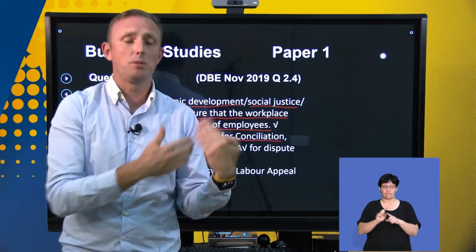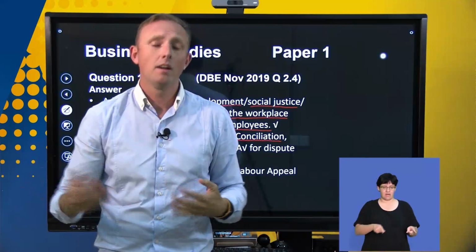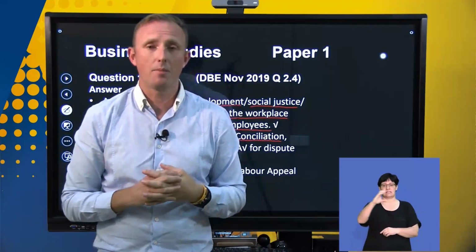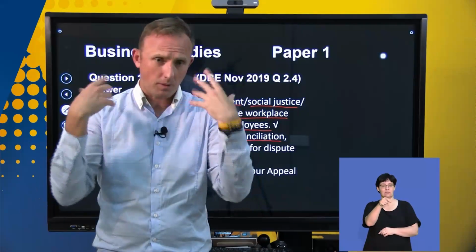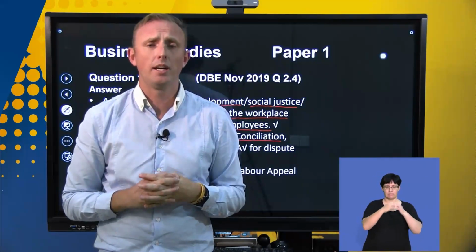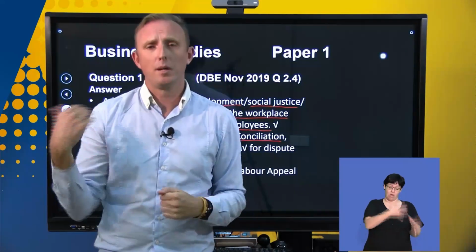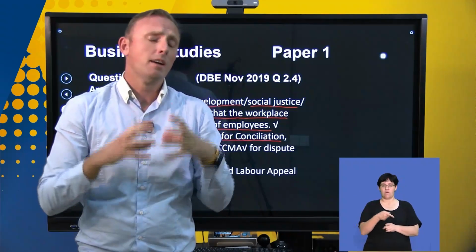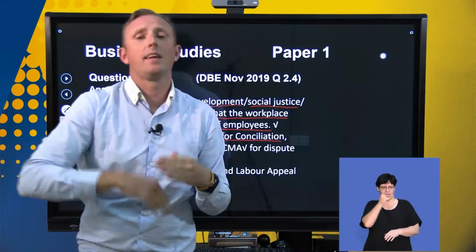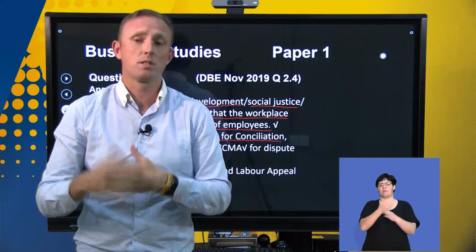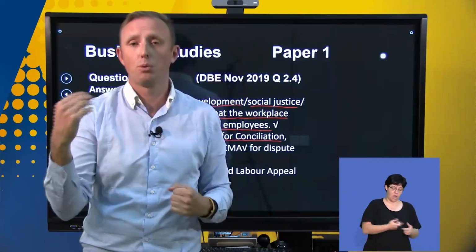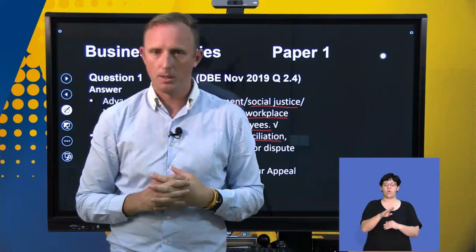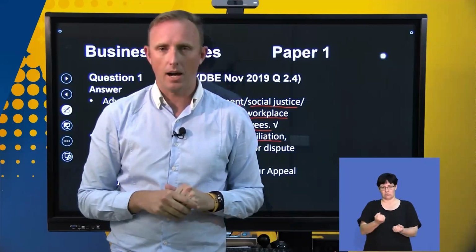So if there's a dispute between the employer and the employee, they'll go to the CCMA, and they will be objective, and they will set out a ruling that either the employer or the employee will have to follow. It also establishes the labour courts and the labour appeal court, so that if the employee isn't happy with the CCMA, they can then go to the labour court. If the labour court finds against either the employer or the employee, they can then go to the labour appeal court to appeal the outcome.